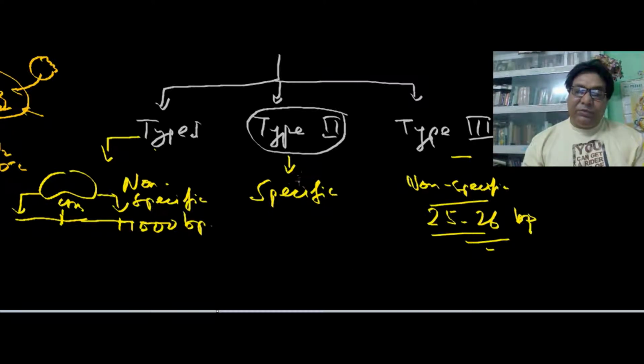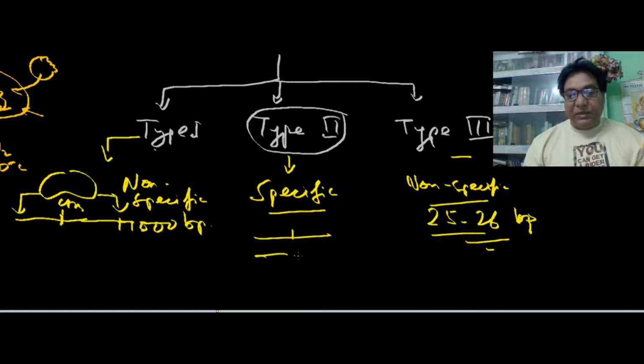But type 2 restriction endonucleases have a different methylase activity that is not attached with the restriction activity. So when restriction is taking place, no methylation is taking place. So it always introduces cuts at a specific site, making specific ends or termini that can be ligated to another termini of similar compatible type.